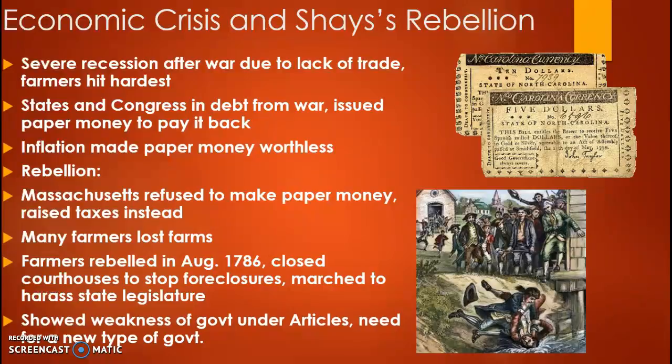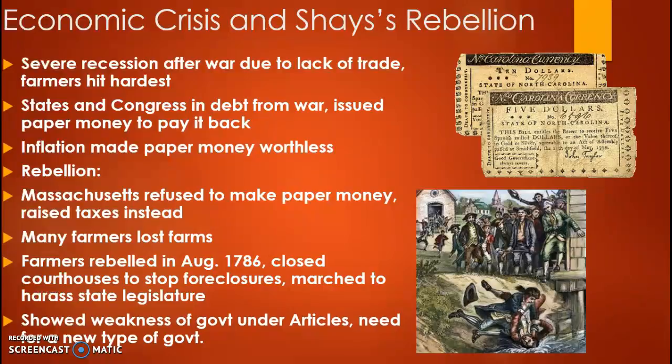So it didn't really mean anything. It wasn't even worth the paper they printed it on. So inflation actually made that paper money really worthless. So people were freaking out about this problem, especially in Massachusetts, where Shays' Rebellion happened.